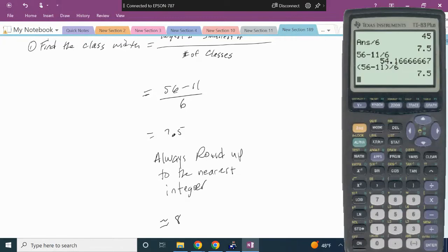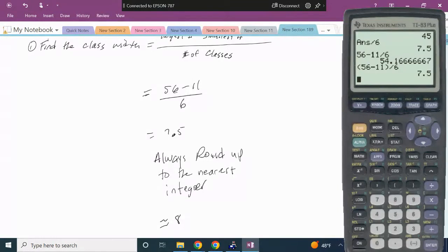So I have to round this 7.5 up to 8. If it's like 4.6 you would round that up to 5.